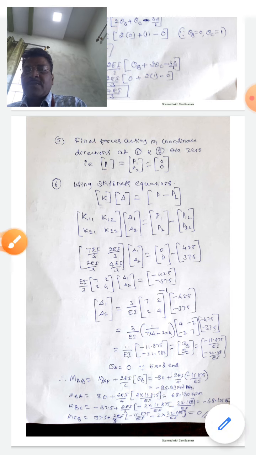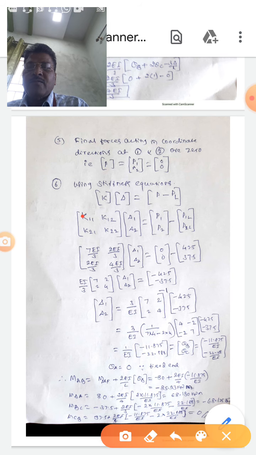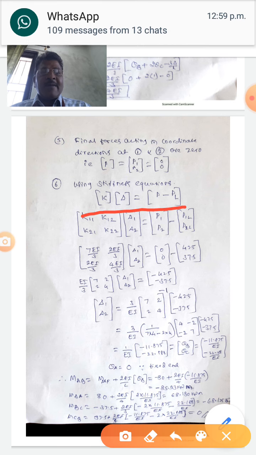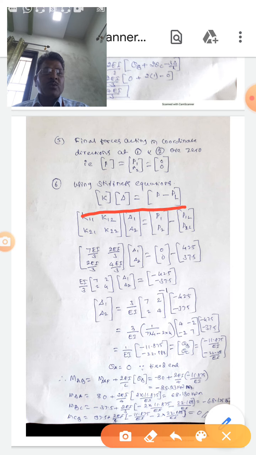So that is shown in the red line. The K matrix is replaced by K11, K12, K21, K22 in brackets, delta is replaced by delta 1, delta 2, and P is replaced by P1, P2 minus PL, which is replaced by the force due to the loading at coordinate 1 and at coordinate 2. So this is the equation.